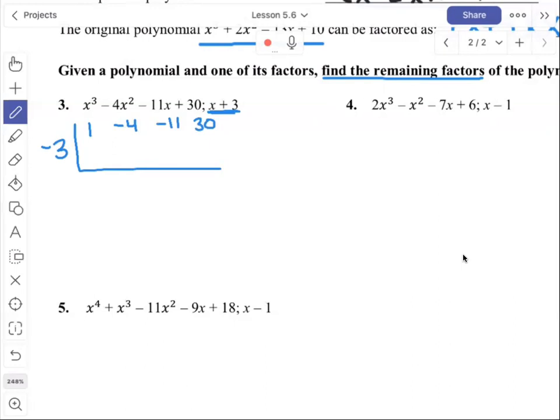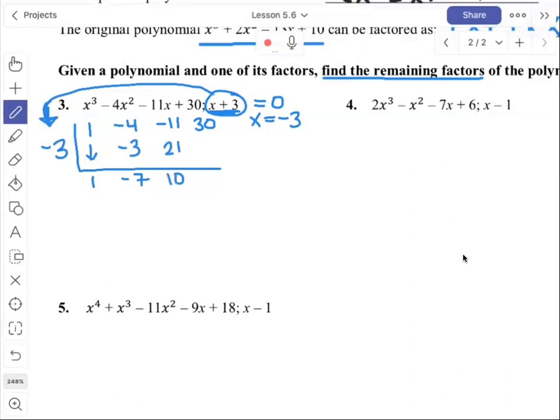And by the way, this number on the outside is always what makes this equal to 0. Okay, in case you're wondering, wait, how did I get that -3? Set that equal to 0, and that's the number you put on the outside. Okay. All right, do synthetic, drop it down, multiply, add, multiply, add, multiply, and add.